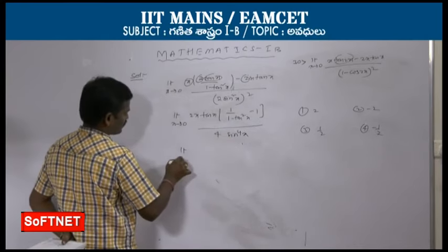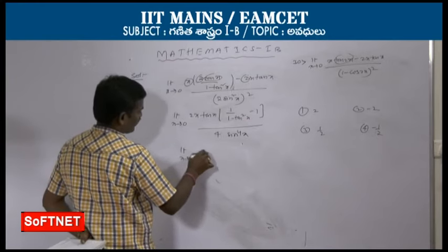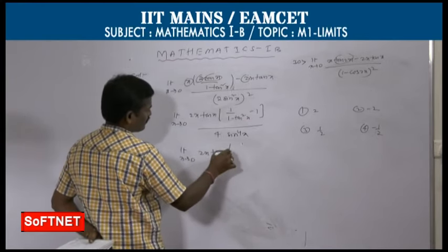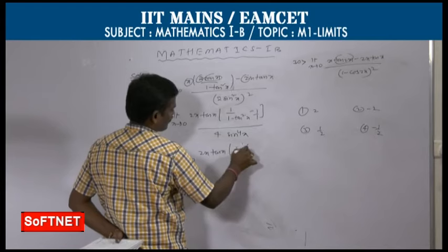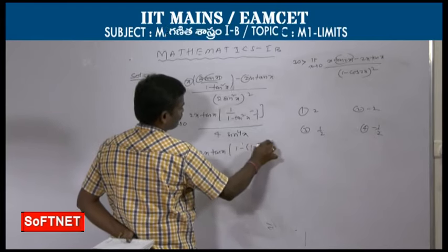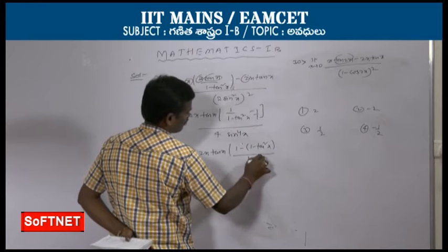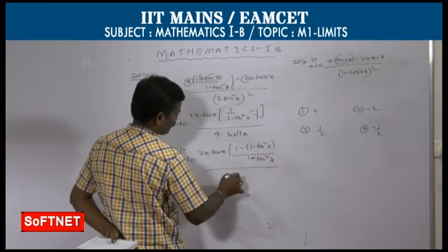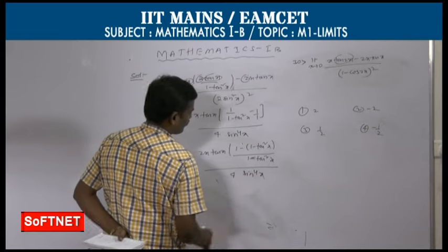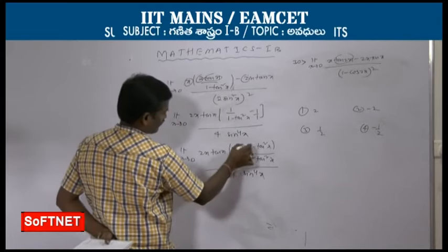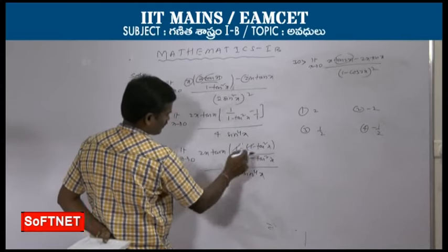So limit x tends to 0, 2x into tan x into, taking LCM, 1 minus of (1 minus tan square x) by 1 minus tan square x, by 4 sin power 4x. Next, here minus 1 plus 1 cancel, minus of minus gives plus tan square x.